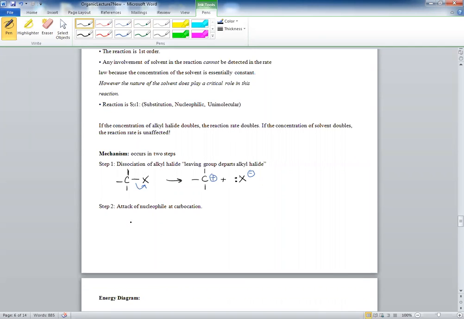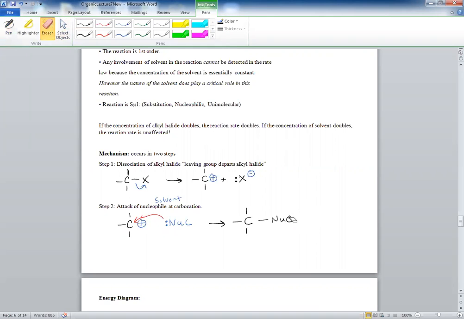And then the second step, which is very fast, is your nucleophile, which is the solvent, but we're going to use nucleophile, attacks the electrophilic carbon right there.